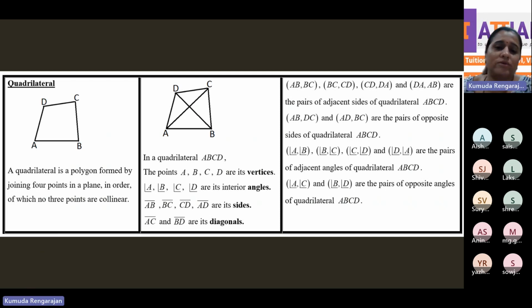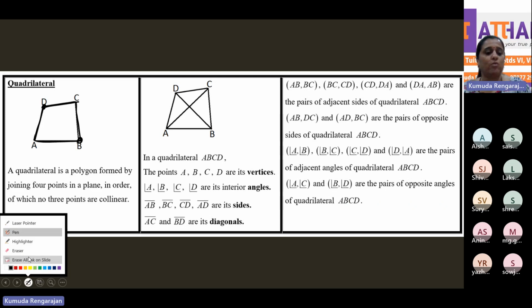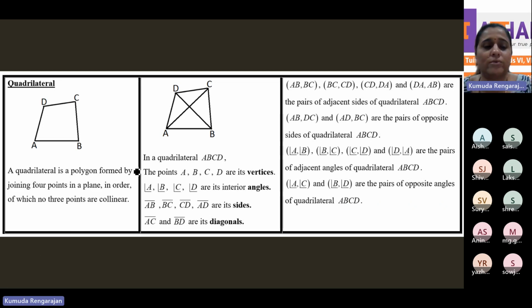Adjacent sides will share a common vertex. You can see that CD and DA have a common vertex D. If you say AB and BC, they have a common vertex B. While opposite sides will not have a common vertex.